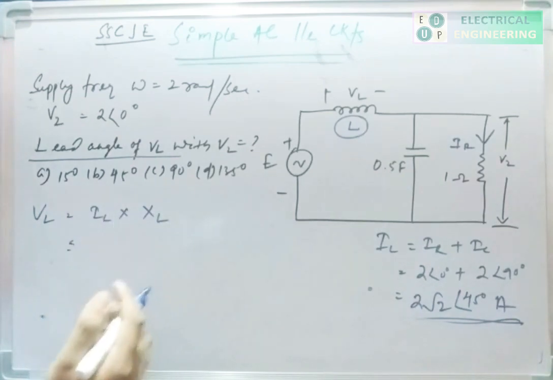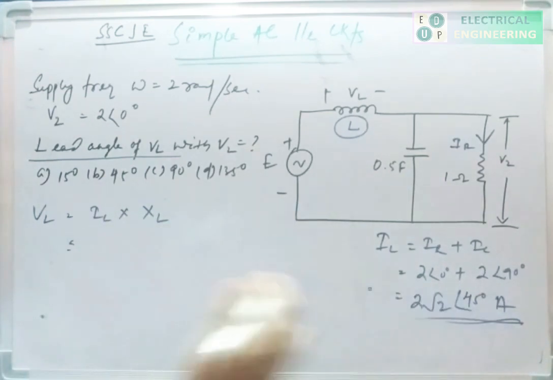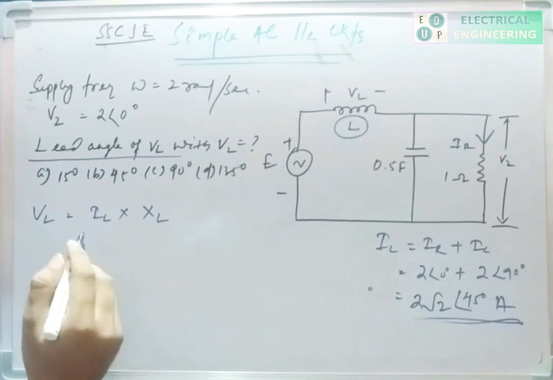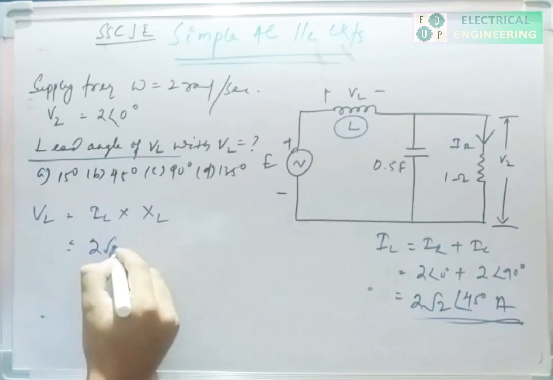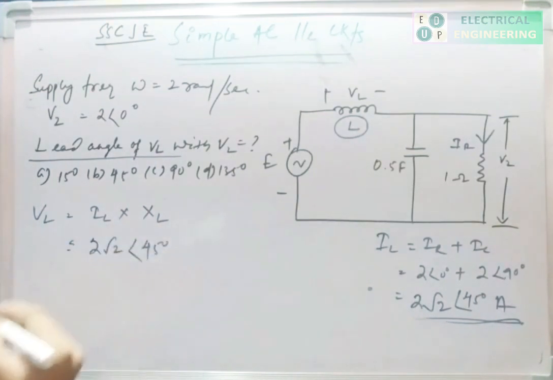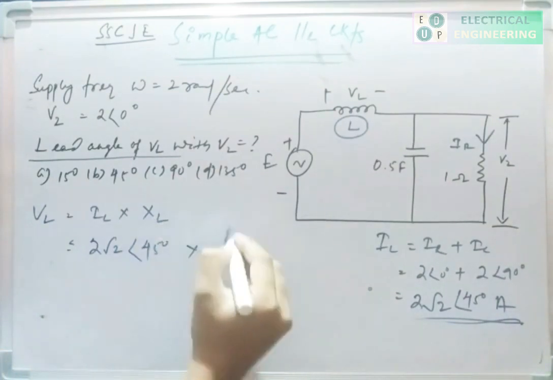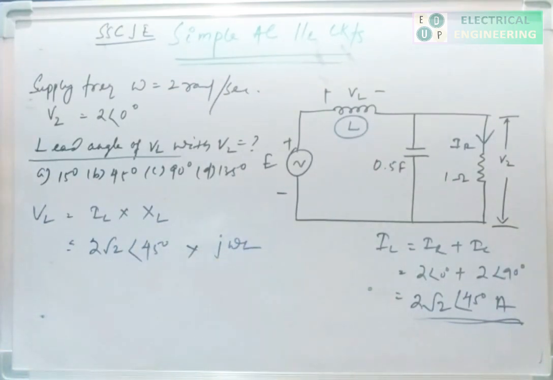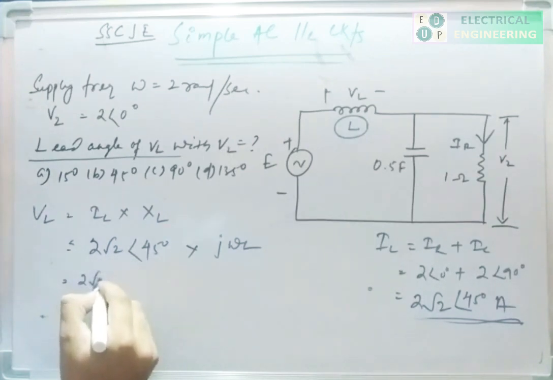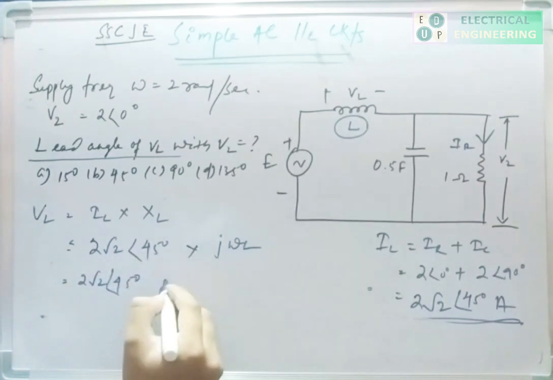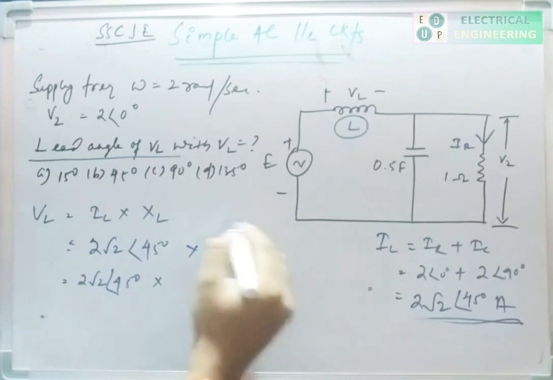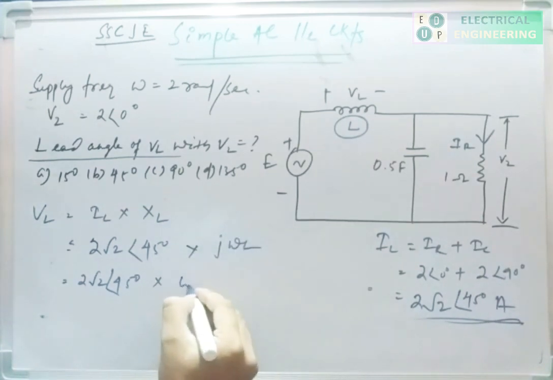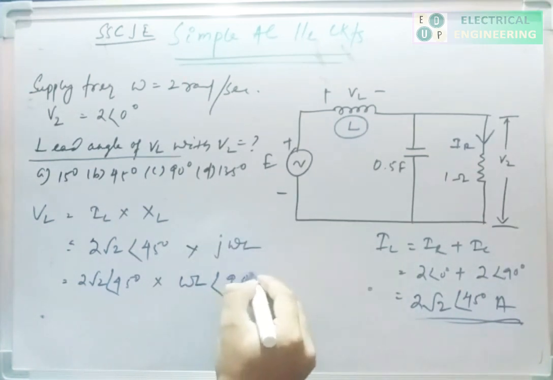IL is 2 root 2 angle 45 degree, into XL, which is j omega L. If we convert it into polar form, it will be omega L angle 90 degree.